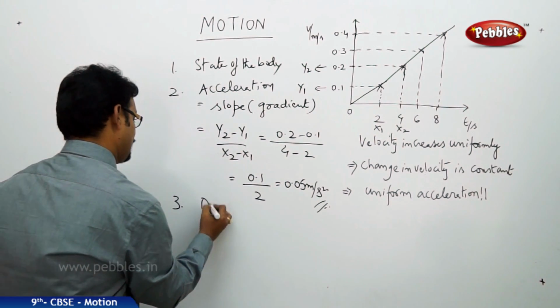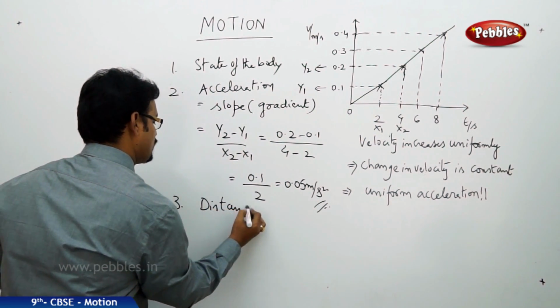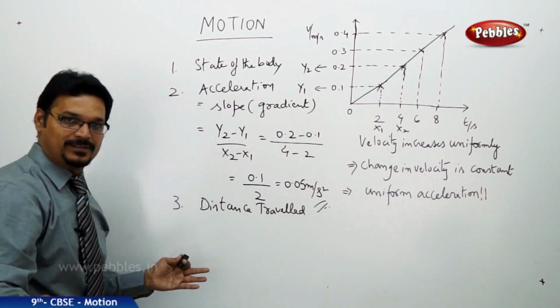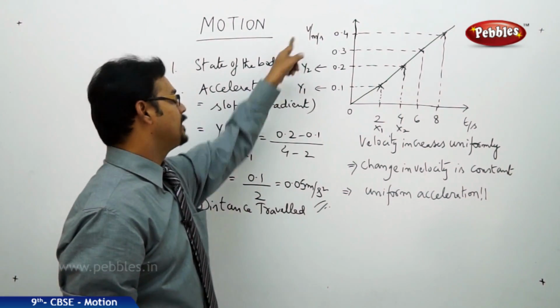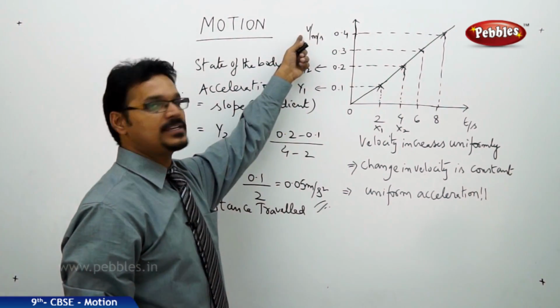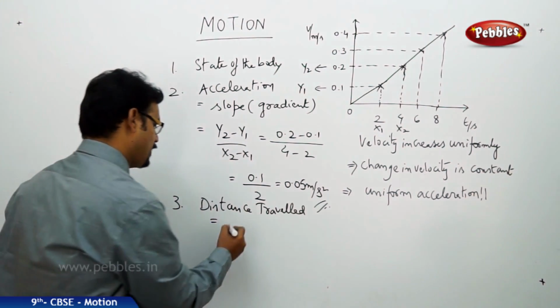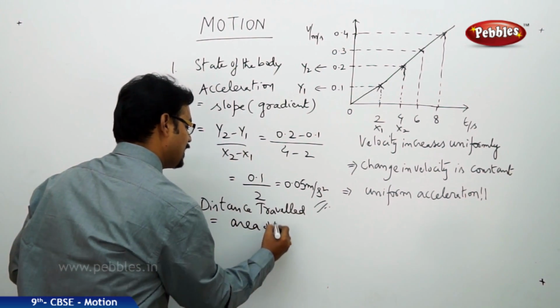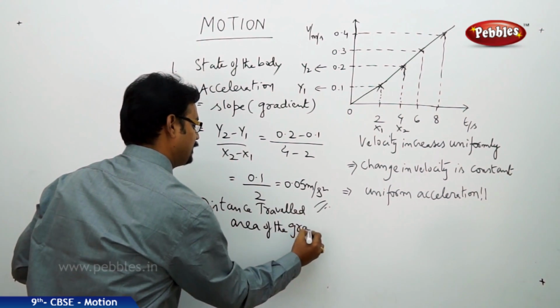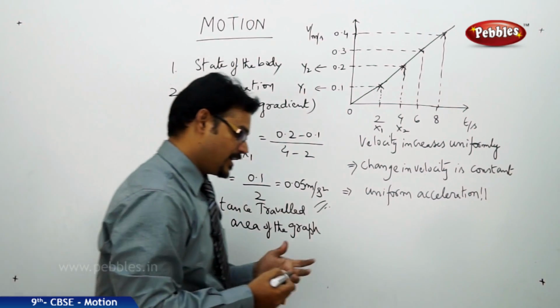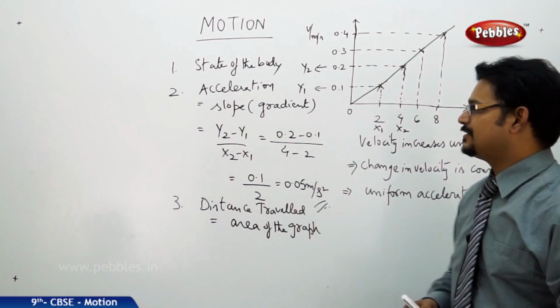Distance traveled, or I can say displacement traveled. If V is speed, it is distance traveled; if V is velocity, it is displacement traveled. So how do you find it? This is possible by the area of the graph.